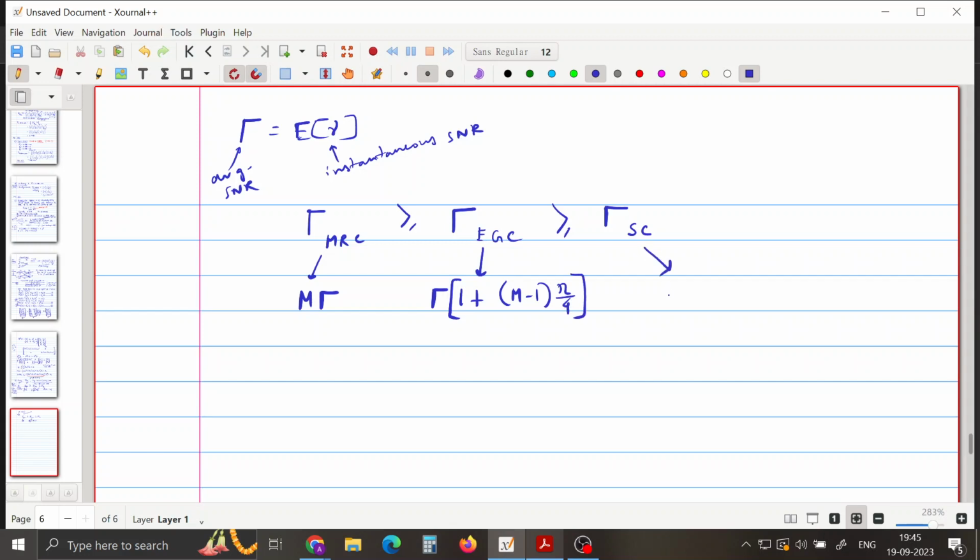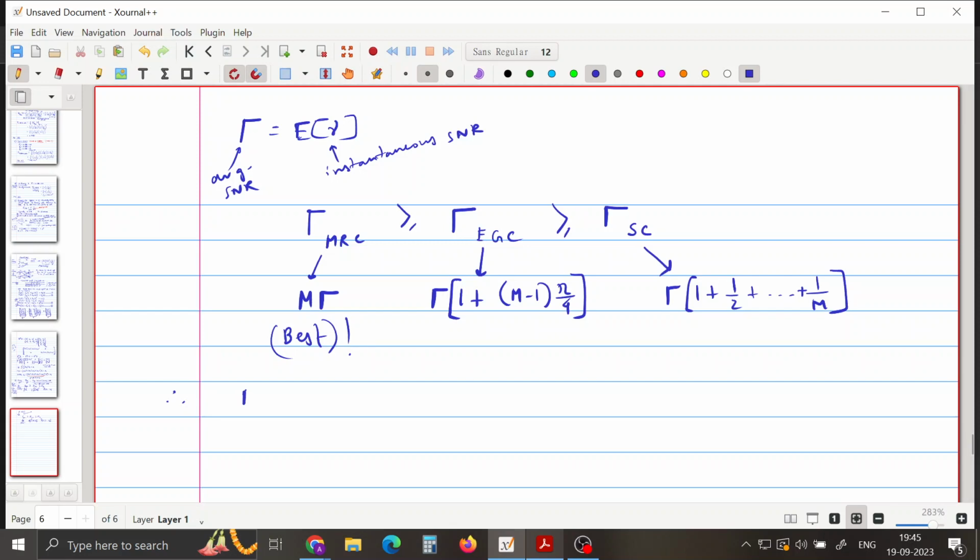And for selection, you get gamma times 1 plus 1 by 2 plus so on till 1 by m, okay? All right, so MRC is best.